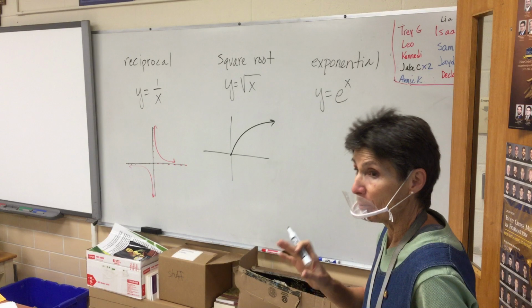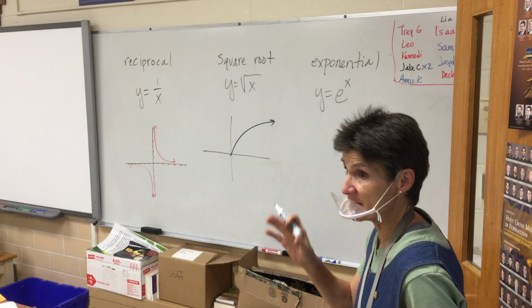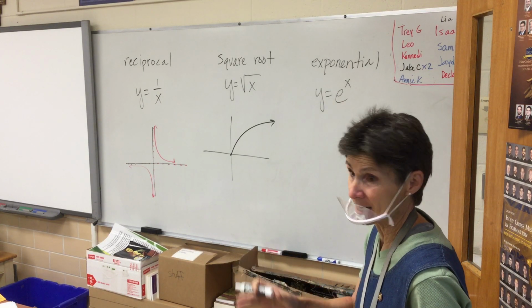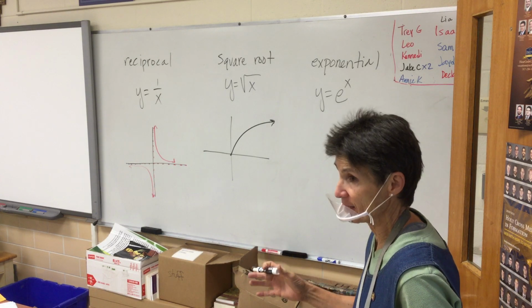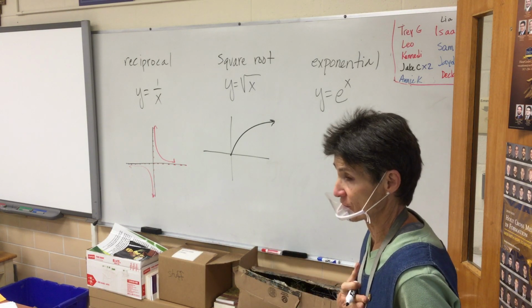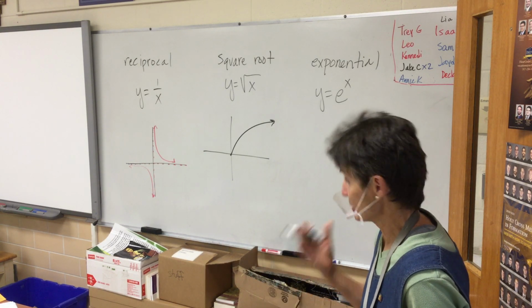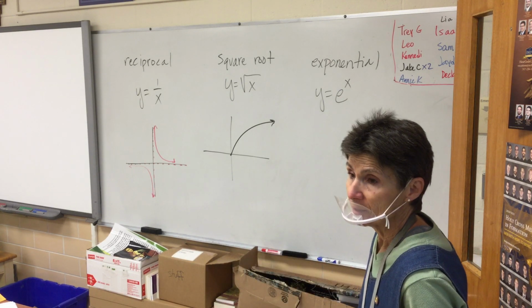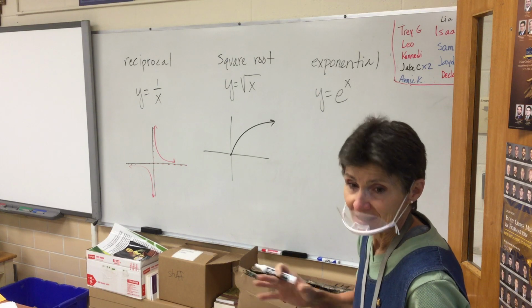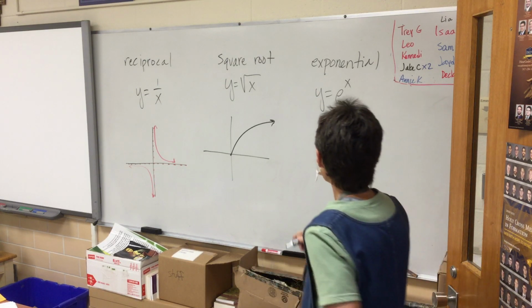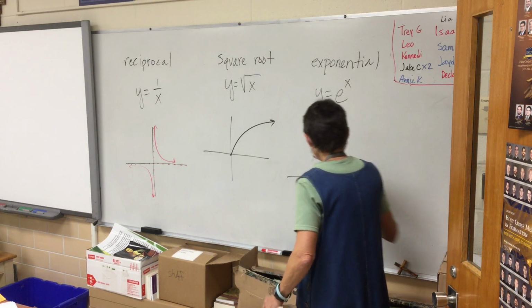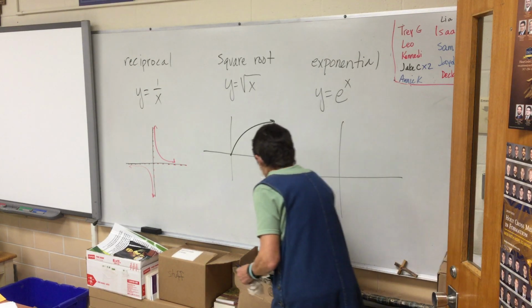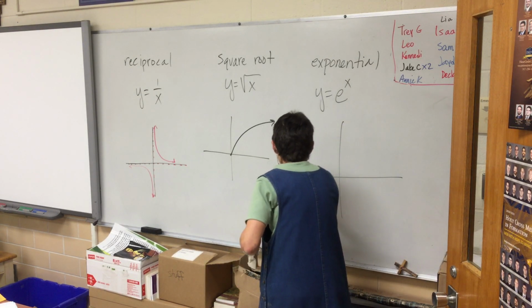And you know how pi is just a number that's really, really important, and it's on our calculator and everything? E is another one of those numbers that's really, really important. And we will talk more about it. But for now, that's the equation of the exponential. And it looks like this. It too has an asymptote.